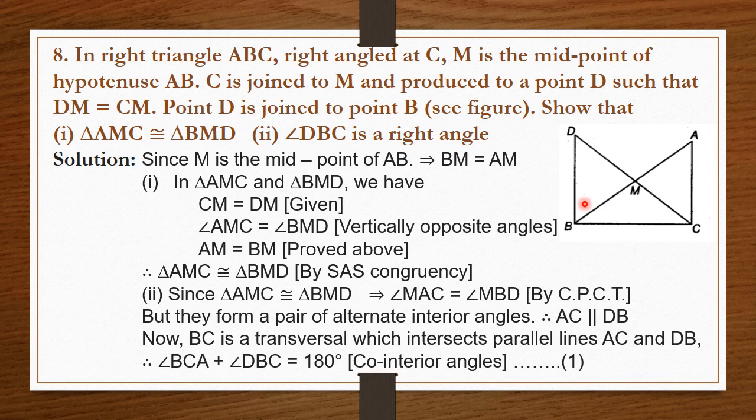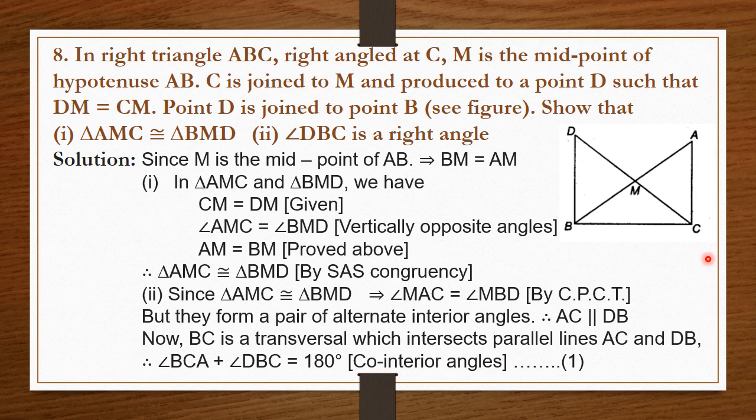If we take these two as straight lines and this as a transversal, these two are equal, so definitely they are alternate angles. So we can say that these two are parallel and AB is the transversal. Therefore, these two, AC and BD, are parallel.